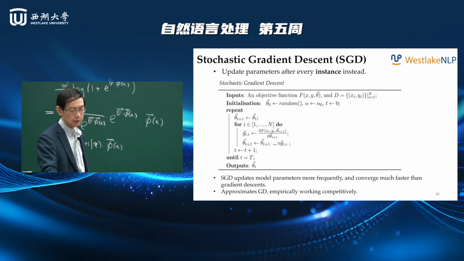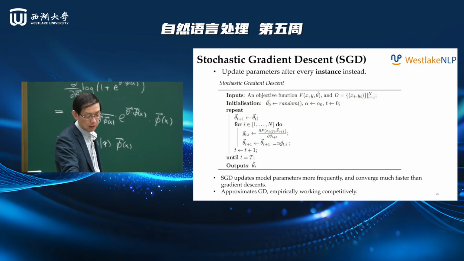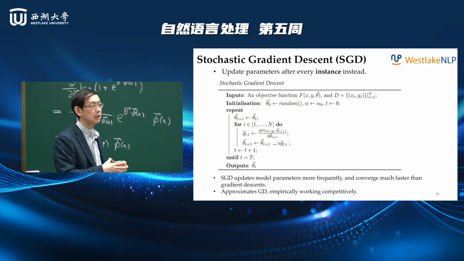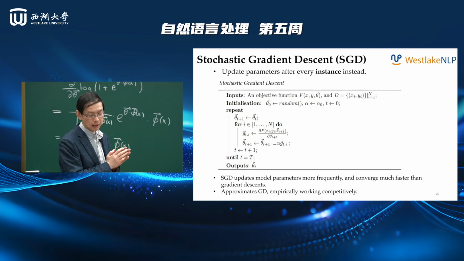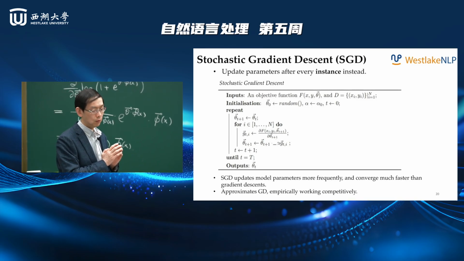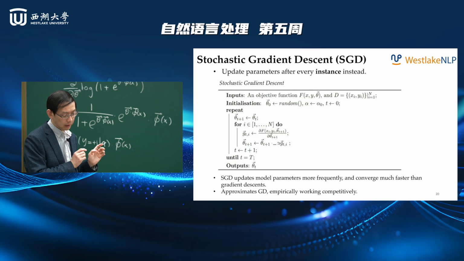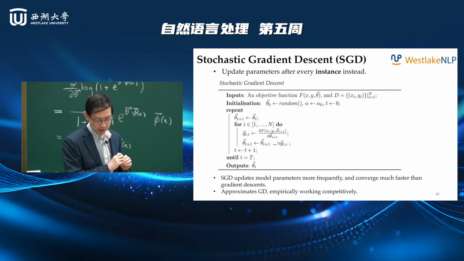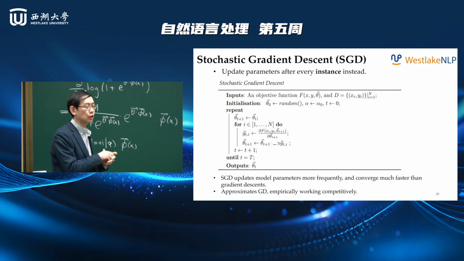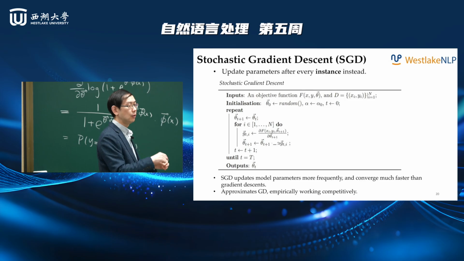That's what's written in this pseudocode. For i equal to 1 until capital N, I go through all the training instances. I have xi and yi. We calculate the gradient over xi and yi, multiply it by alpha, the learning rate, and update theta. So I go down the slope quicker.